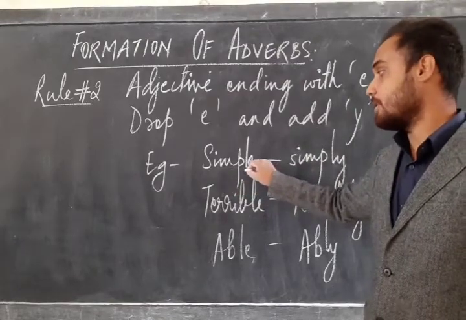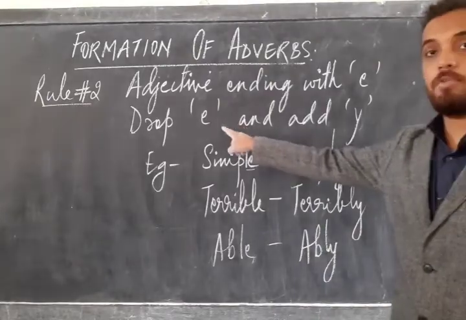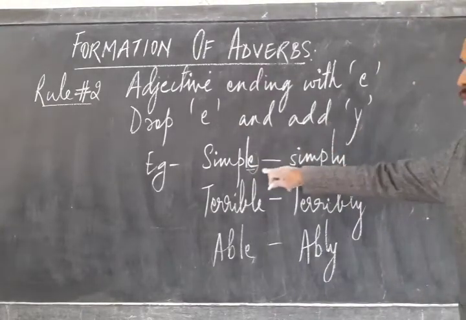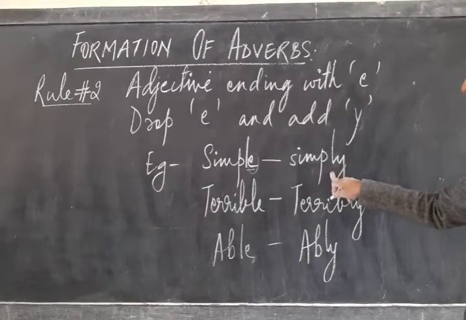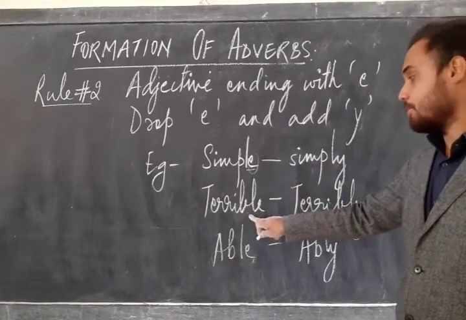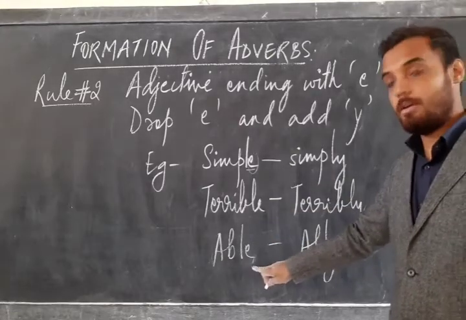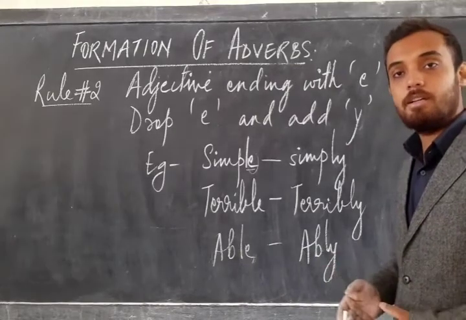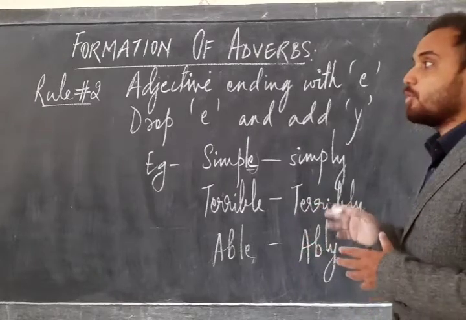Simple ends with the letter e, so we drop e and add y. So simple becomes simply. Again, terrible becomes terribly. Able becomes ably. Gentle becomes gently. So these are the examples for rule number 2.